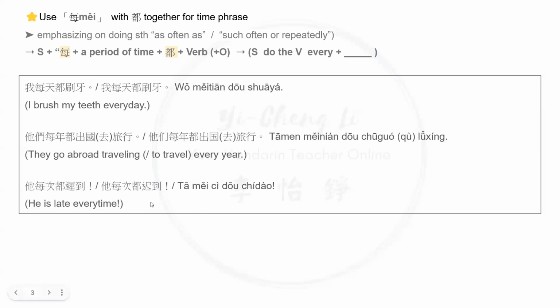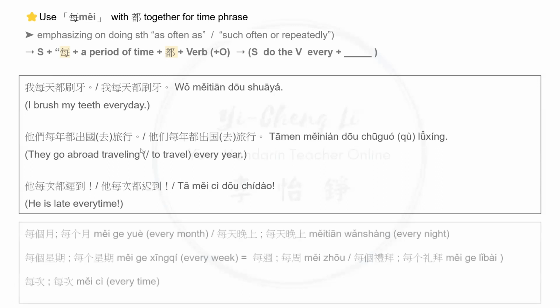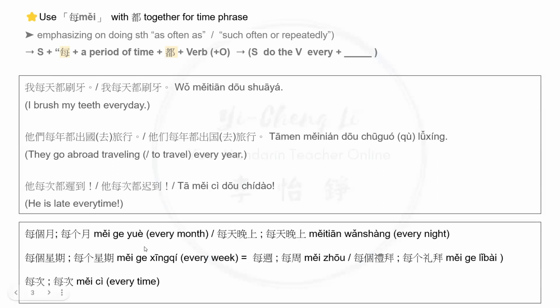Okay, so we have a couple phrases here besides 每天 every day, besides 每年 every year, and then 每次 every time. We also have 每个月 every month. 每天晚上, if you want to be more specific, means every night. 每个星期 every week.